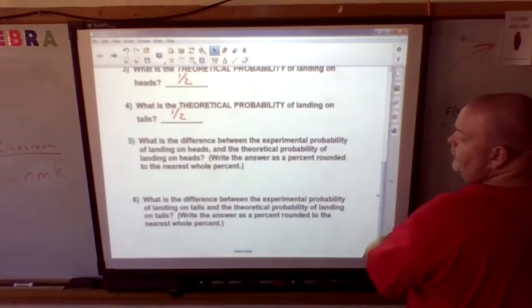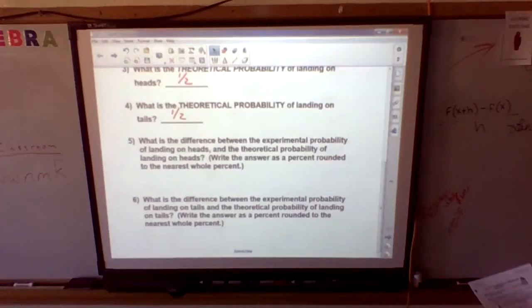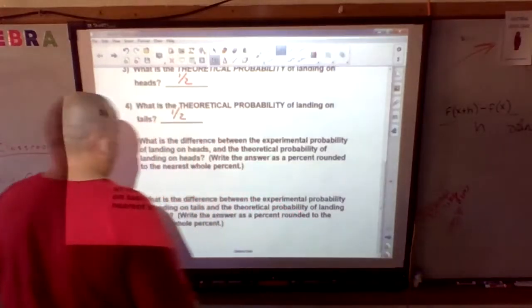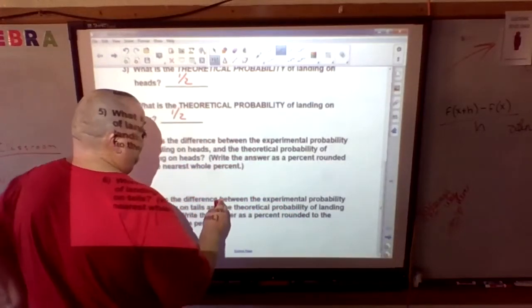Number 5: what is the difference between the experimental probability of landing on heads and the theoretical probability of landing on heads? Write the answer as a percent rounded to the nearest whole percent. Up here it was 4/7.